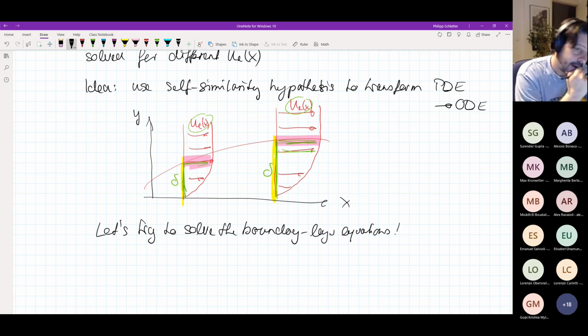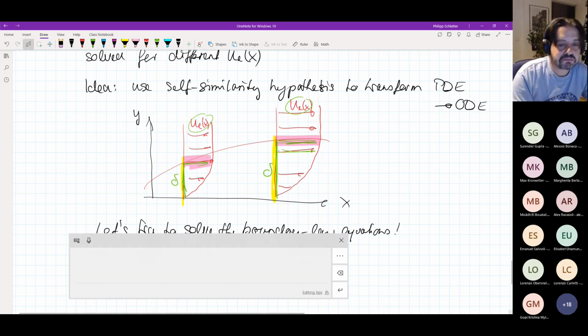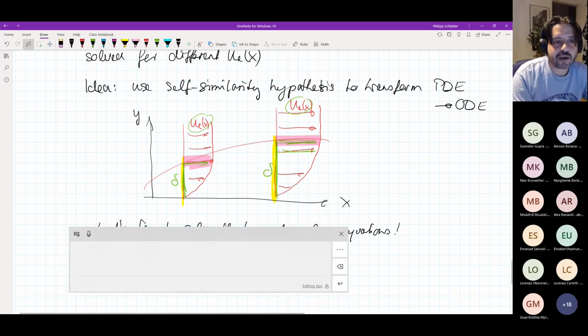Okay, so for the next half an hour or so, it will be quite a lot of derivations. I chose to actually do this derivation with you because I really think it's quite instructive, because it shows a nice way of deriving these self-similar solutions.